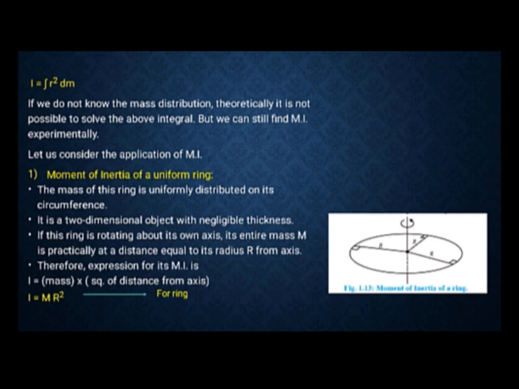Therefore, we can say that I is equal to mass into the square of the distance from the axis, which is I is equal to m r square, and this is the formula for the moment of inertia of a uniform ring.